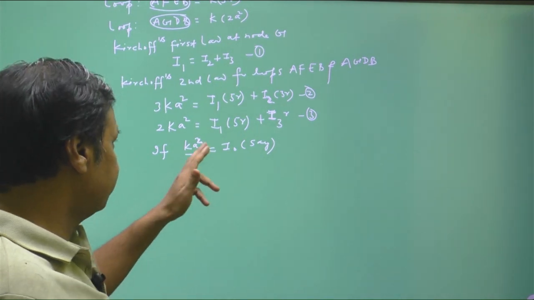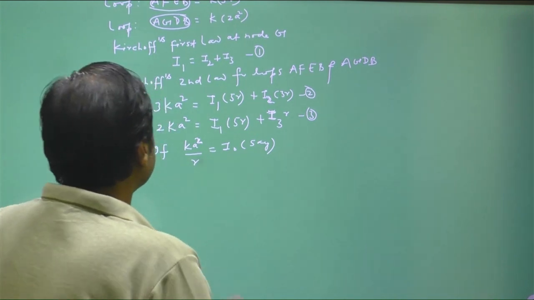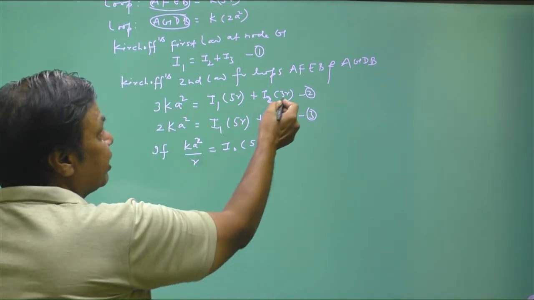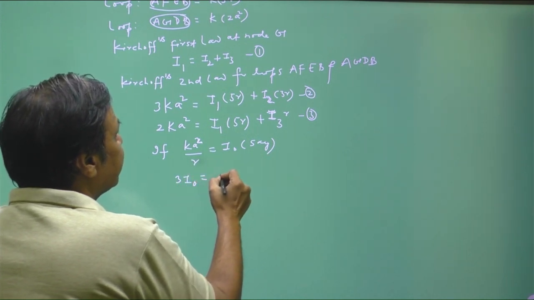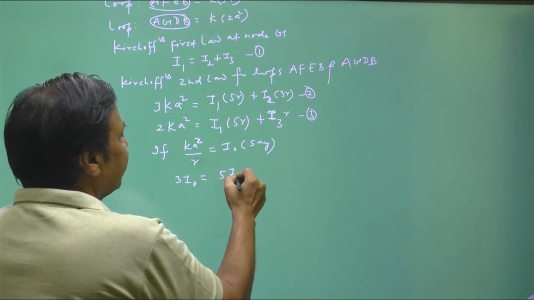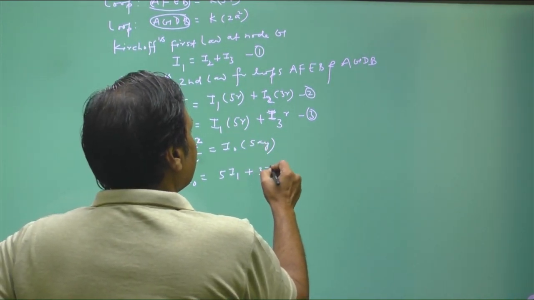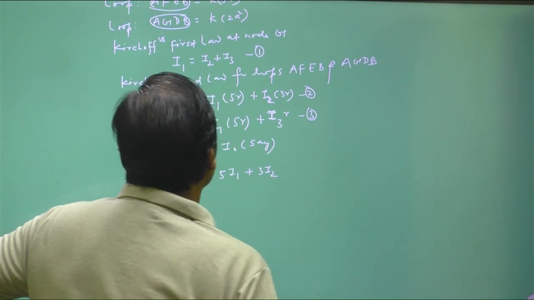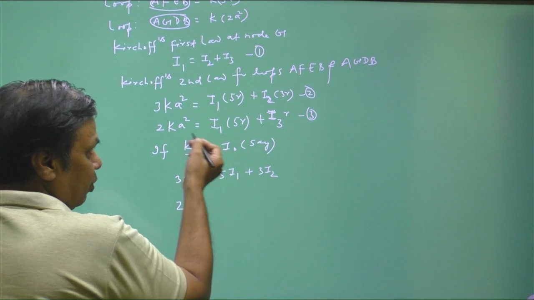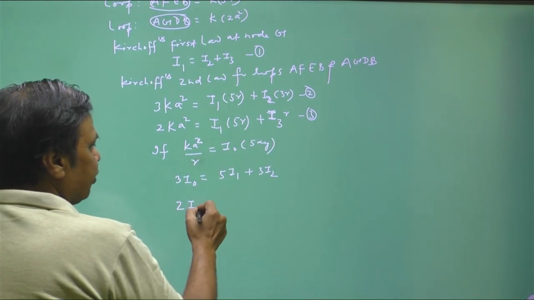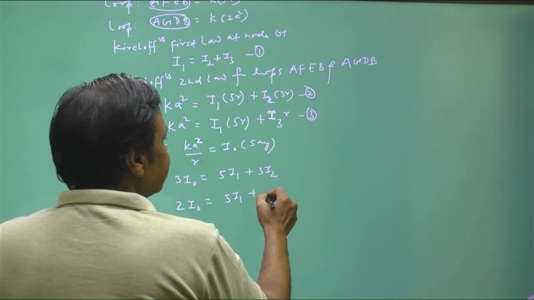So if I put here, I can get the results like 3KA square upon R, that is 3 I naught, equals 5 I1 plus 3 I2, of course, and here KA square upon R is 2 I naught and it will be 5 I1 plus I3 only.